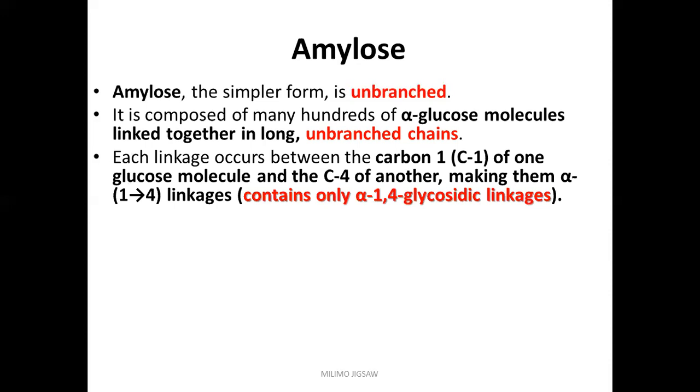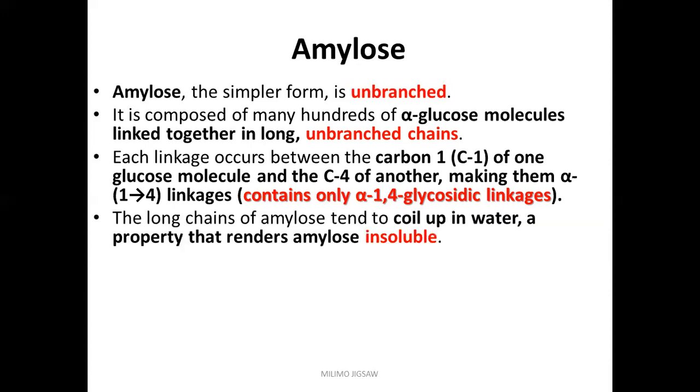Remember the links that we find in carbohydrates, glycosidic linkages. So amylose will contain alpha 1,4 glycosidic linkages. This occurs between carbon 1 of one glucose molecule and carbon 4 of another, which leads to the formation of this alpha 1,4 glycosidic linkage.